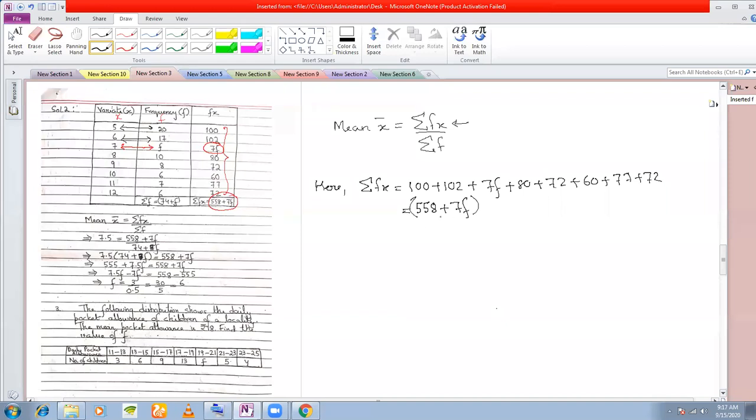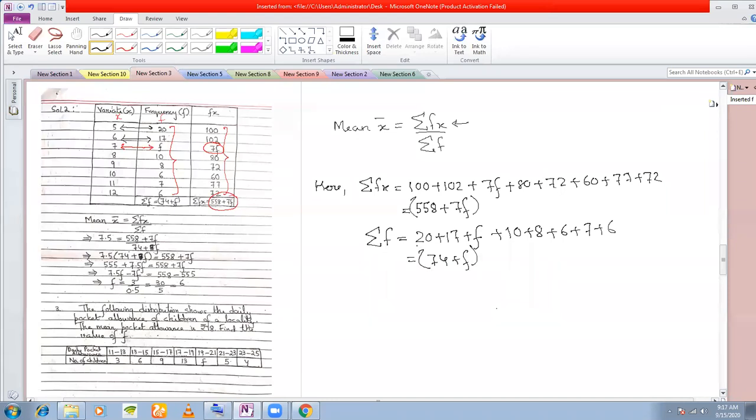This is summation fx. And you also need to calculate the summation of f, so you can add up this column also. Summation f is the sum of all these: 20 plus 17 plus f plus 10, 8 plus 6 plus 7 plus 6. So you get this as 74 plus f.